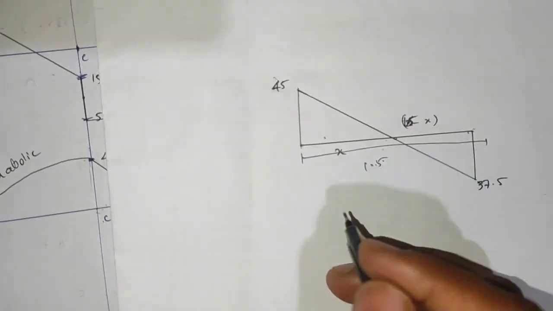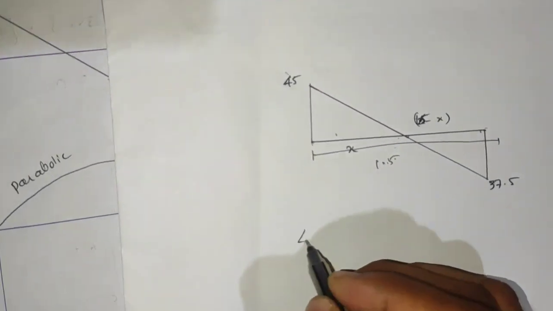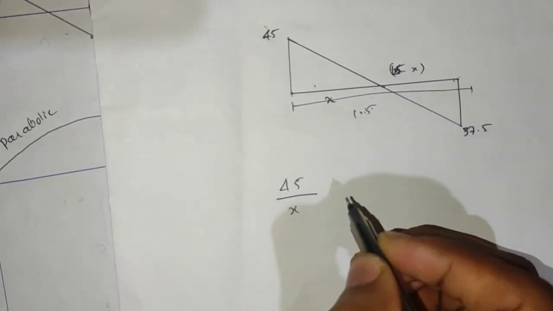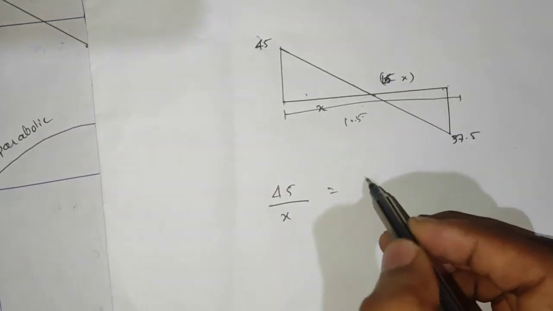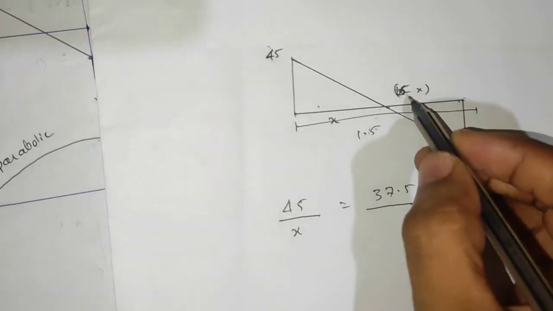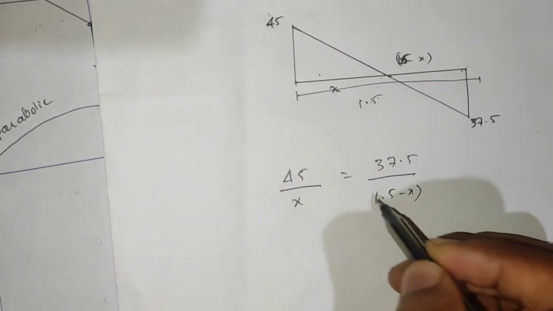Okay, then from alternate triangles we know that 45 by x is equal to 37.5 by 1.5 minus x.